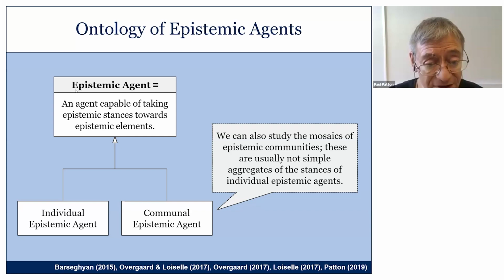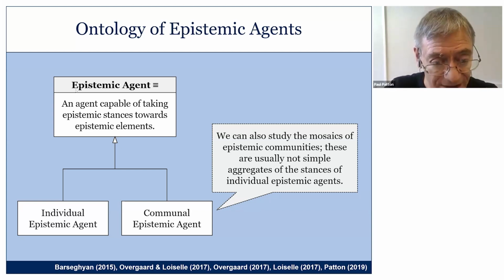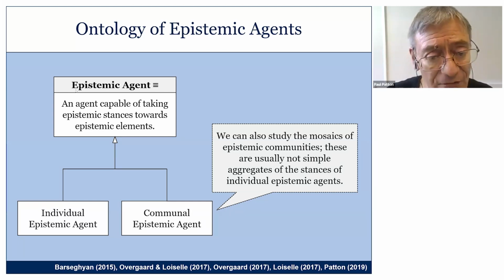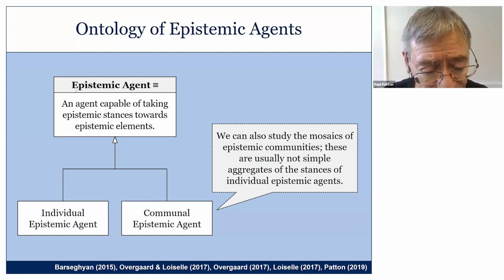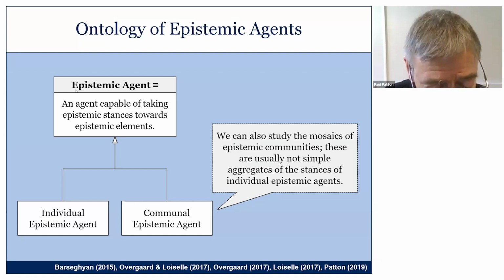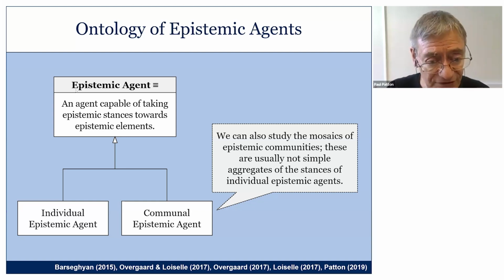Now, when we're talking about communal groups as epistemic agents, it must be the case that the communal group has some form of decision-making that enables the decision to belong to the group rather than simply being the aggregate of the individuals. One example of how this can be the case is that in epistemic communities, different individual agents often have different areas of expertise, and they all work together, like the various parts of a radio work together to make the radio work.